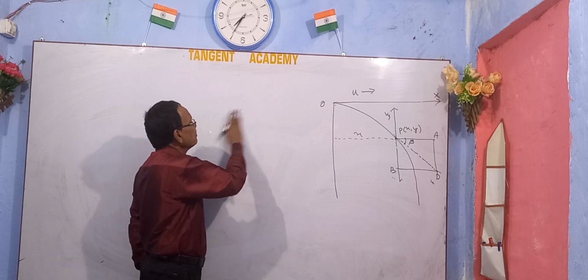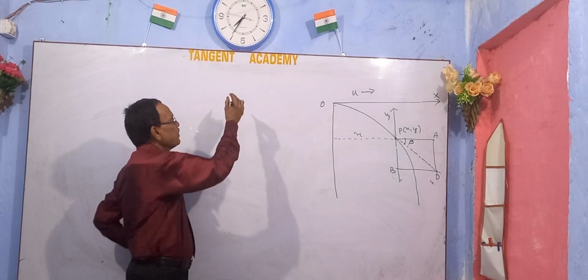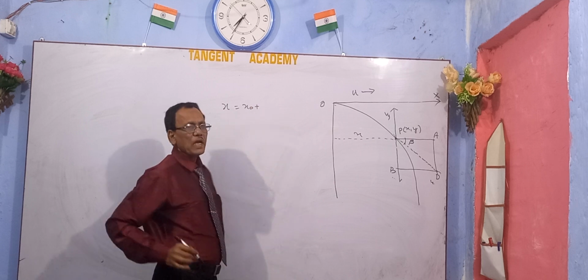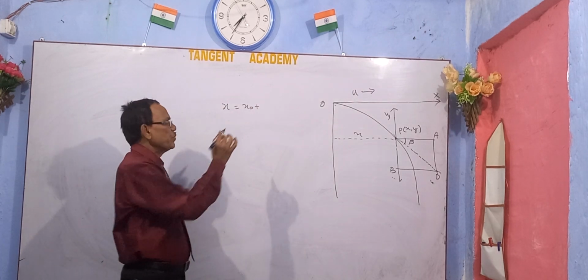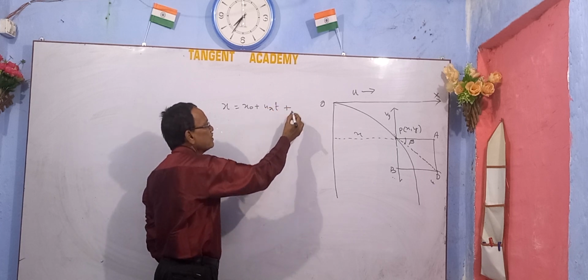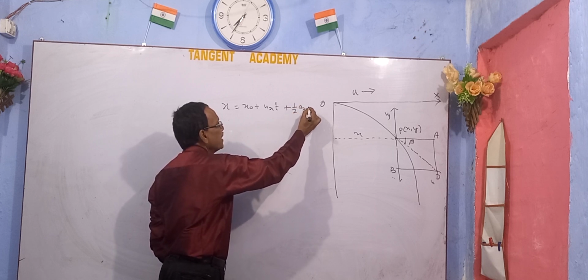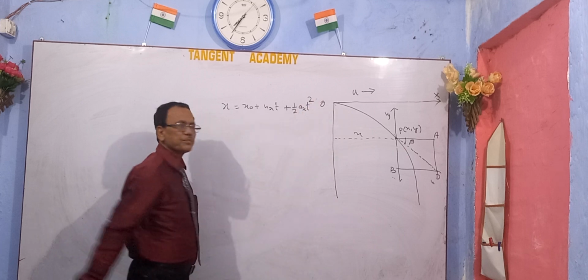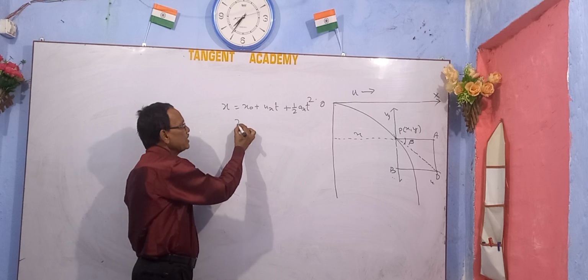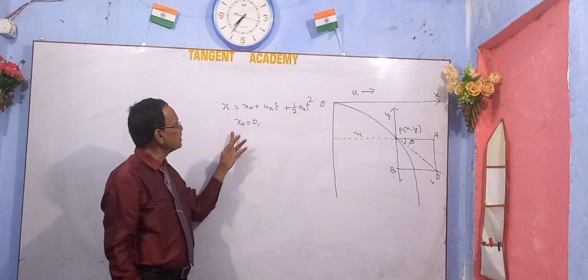As we know, from the law of motion, the distance formula is x is equal to x naught plus uxt plus half axt square. In this case, we know that x naught is equal to 0 initially. Before throwing, distance is 0.